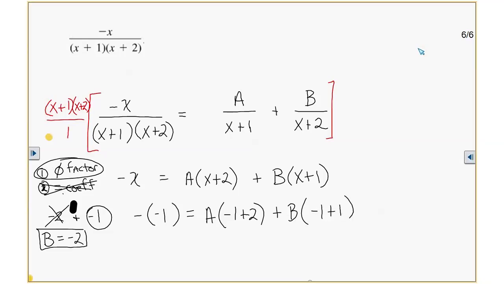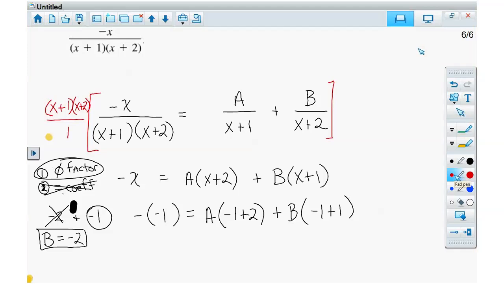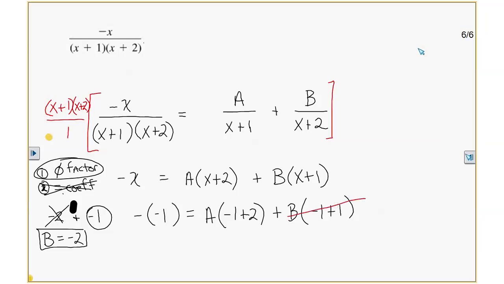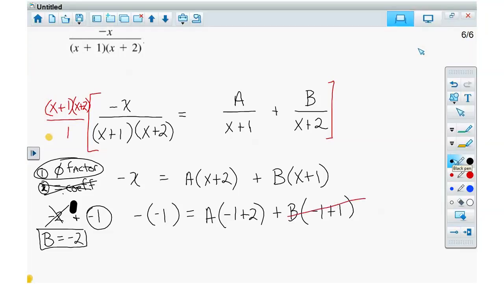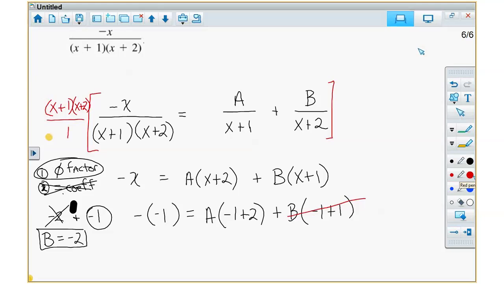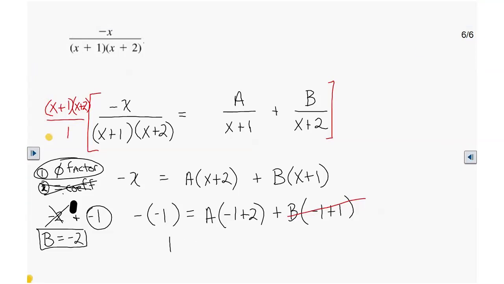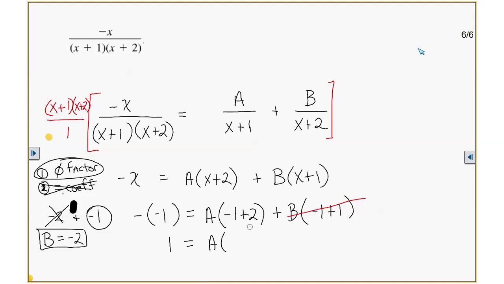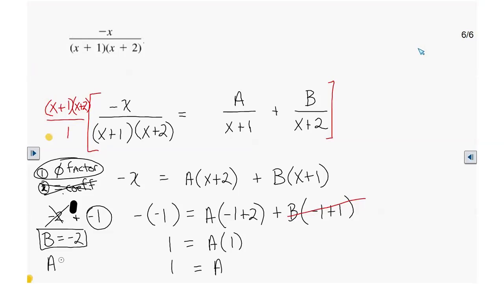And of course, the B term goes out. And we get 1 is equal to A times negative 1 plus 2, which is 1. So A is equal to 1. Put over here, A is equal to 1.